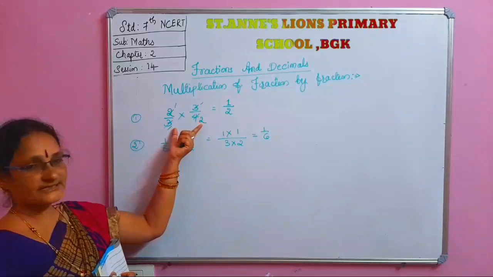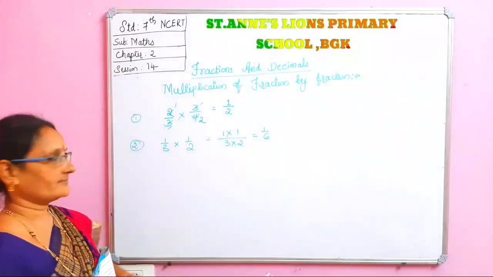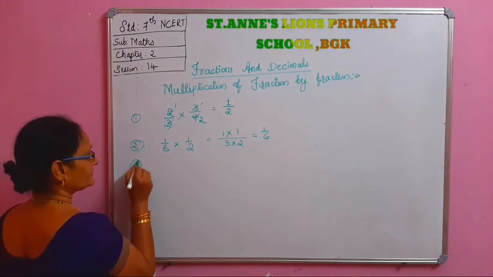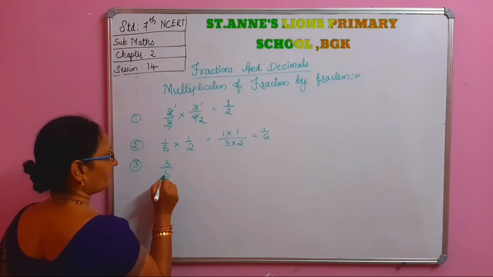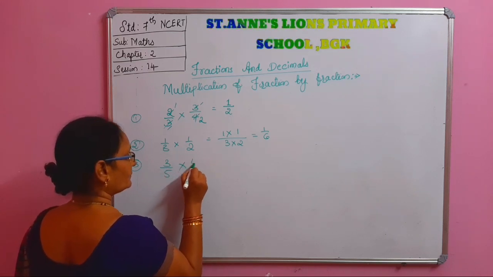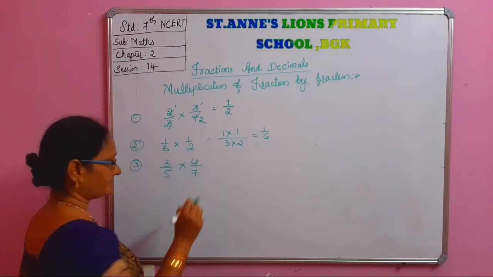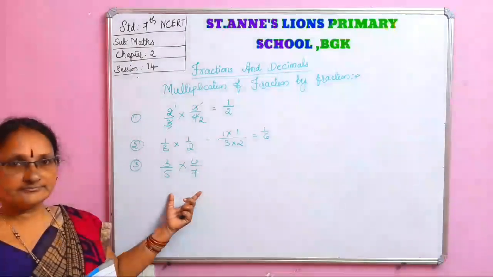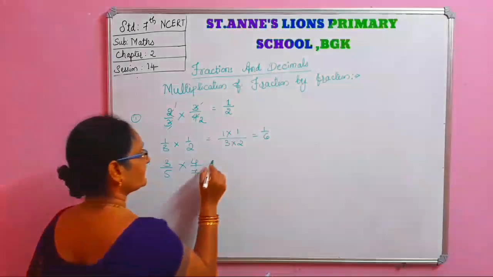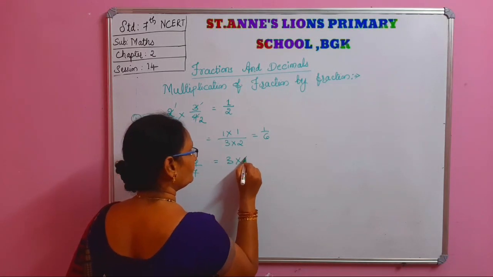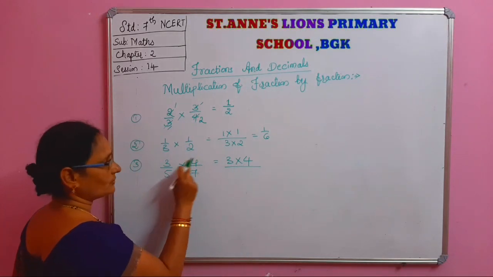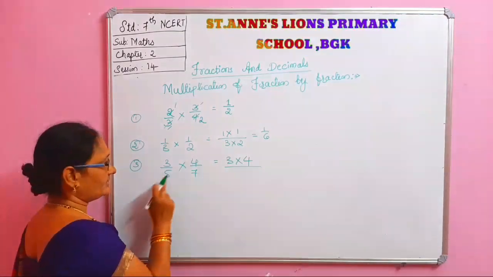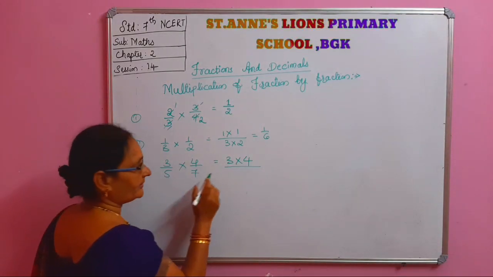If there is cancellation, or if there is no cancellation. Some more I will take. See, 3 by 5 into 4 by 7. Is there any cancellation? No. We can't. So what to do? 3 into 4, numerator to numerator, then the product of denominator to denominator.